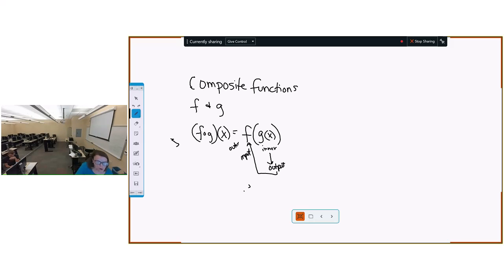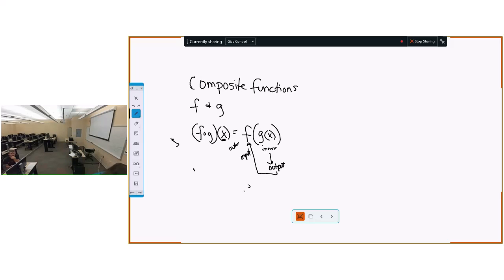So you find out what g of x is, you make it the x value in f, and once you've plugged that in and done the math, that is the composite function f of g of x.